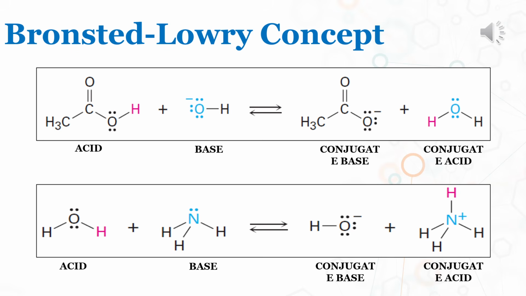As you can see on the left side, we have water as the Bronsted-Lowry acid, and for the base, we have ammonia, or NH3. The chemical formula of water is H2O.